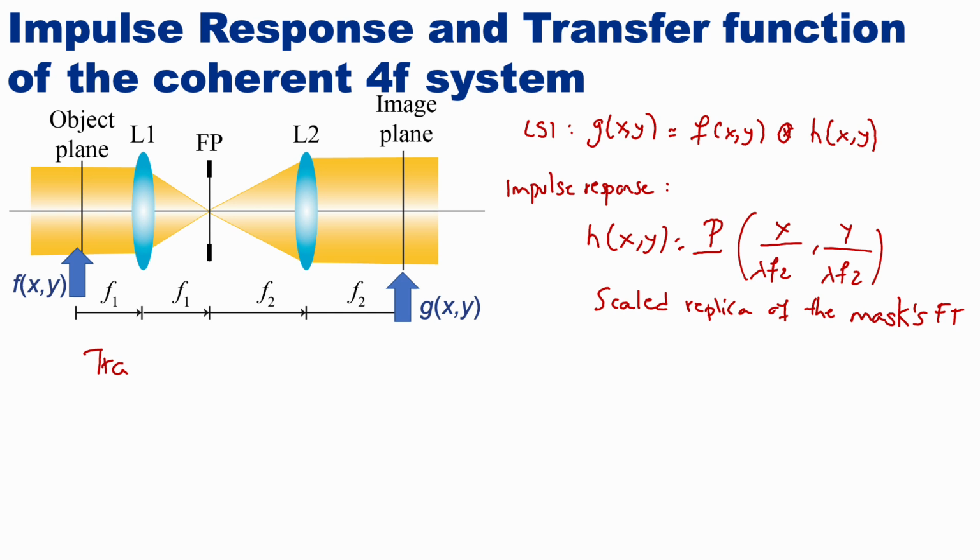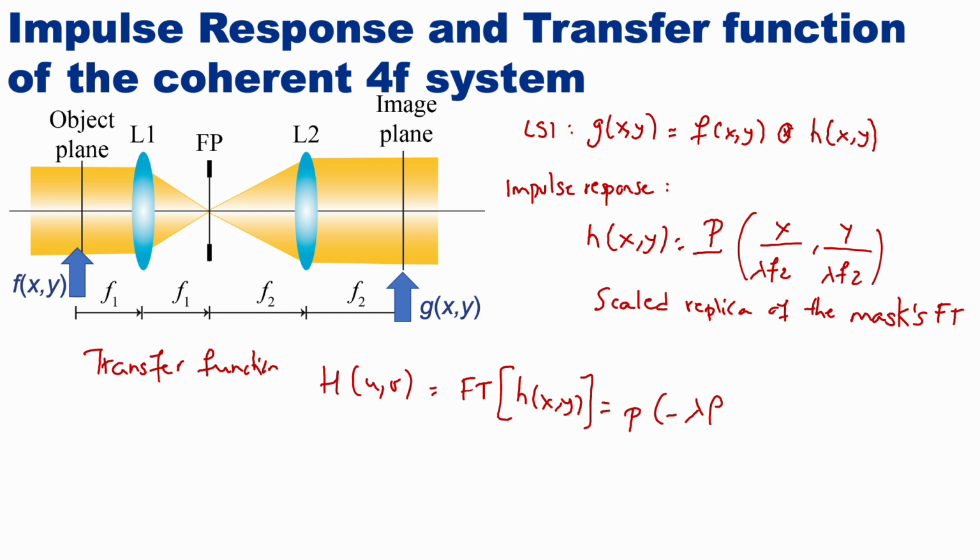And then our transfer function, our capital H, which we know is the Fourier transform of the input response, is going to be a scale replica of the mask, the inverted mask.